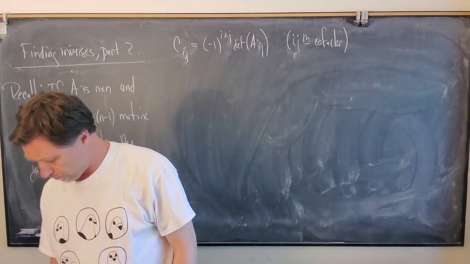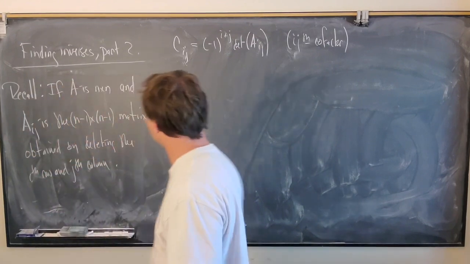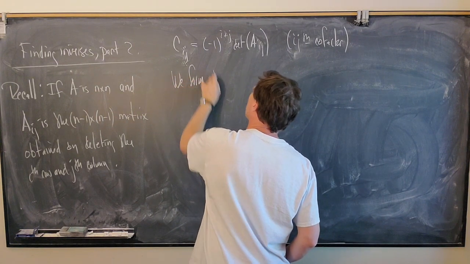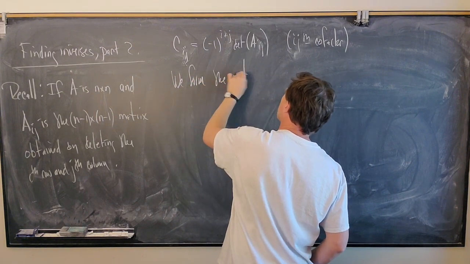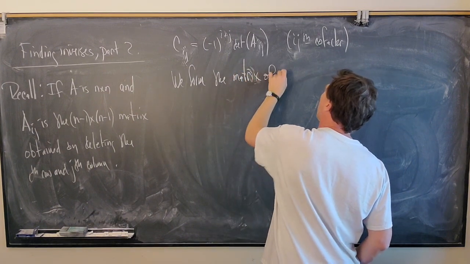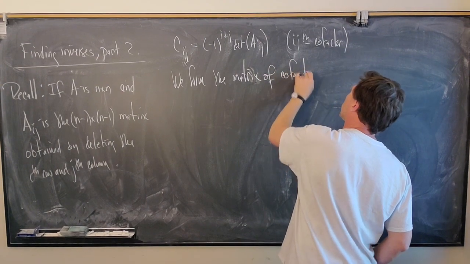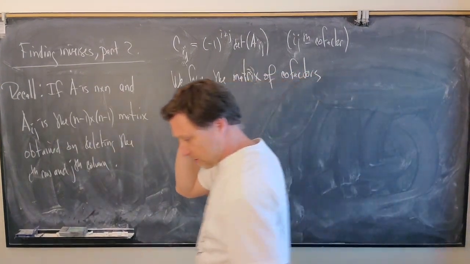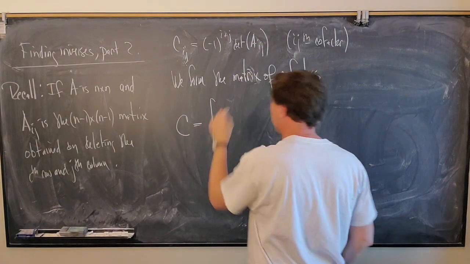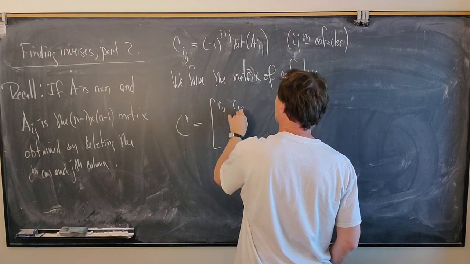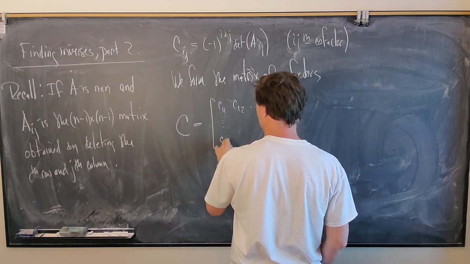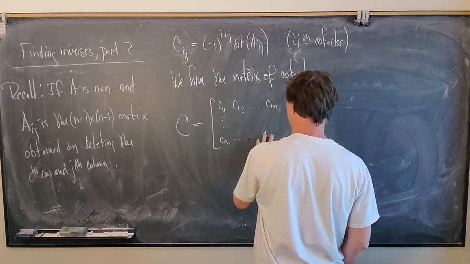Now I want to create a matrix. We form the matrix of cofactors. It goes like this: C is going to be equal to C11, C12, dot, dot, dot, C1n, down to Cn1, dot, dot, dot, Cnn.